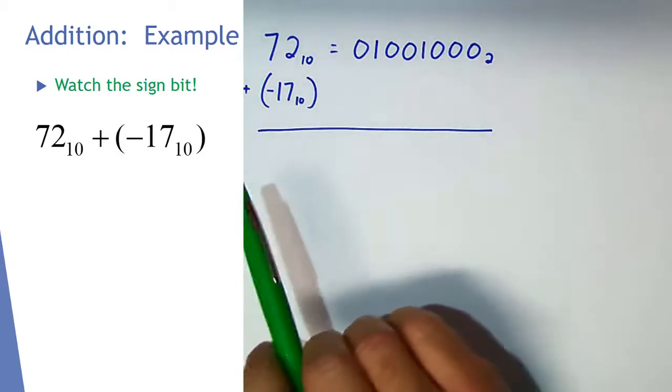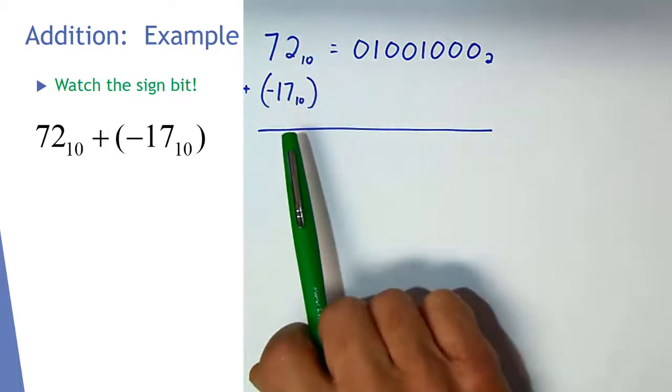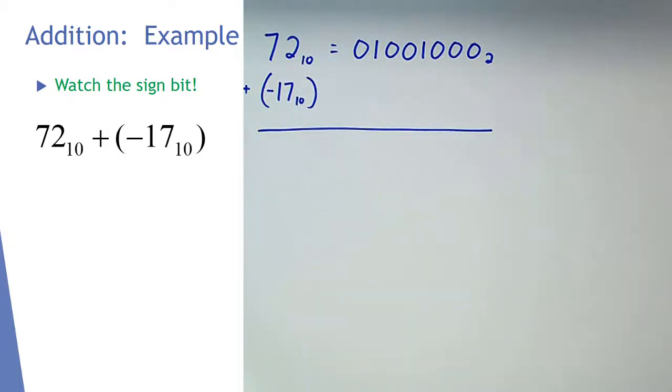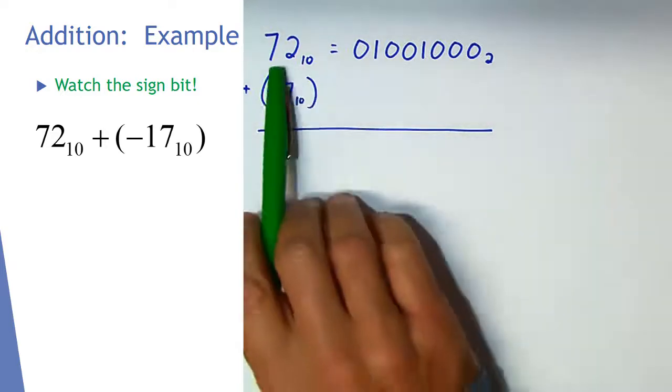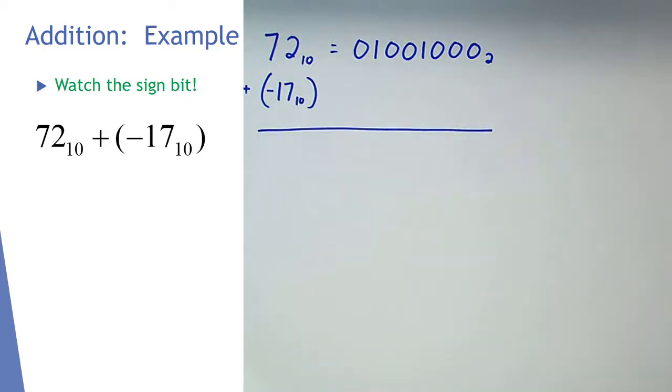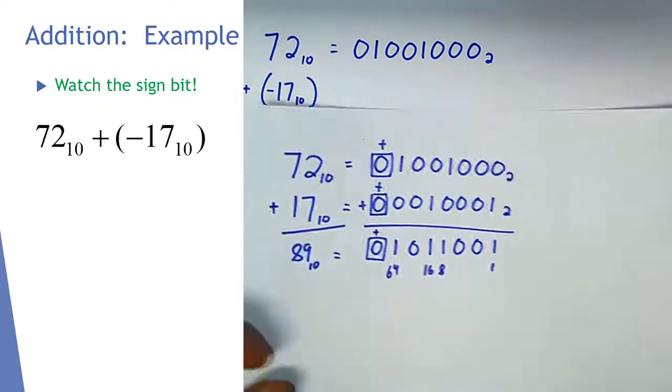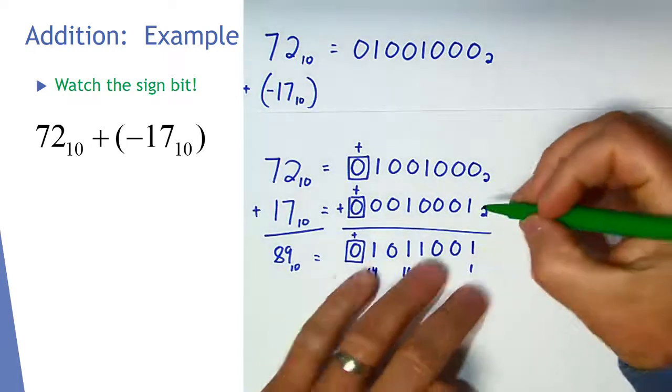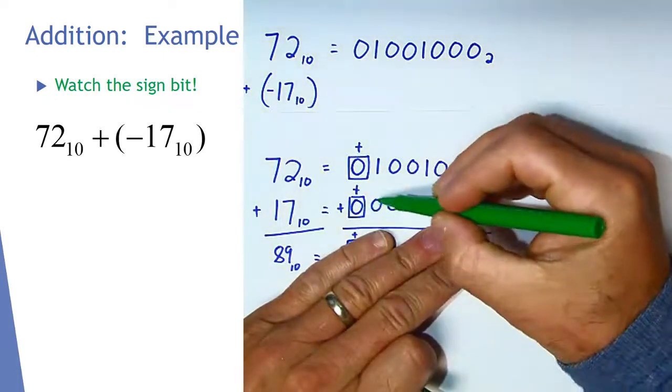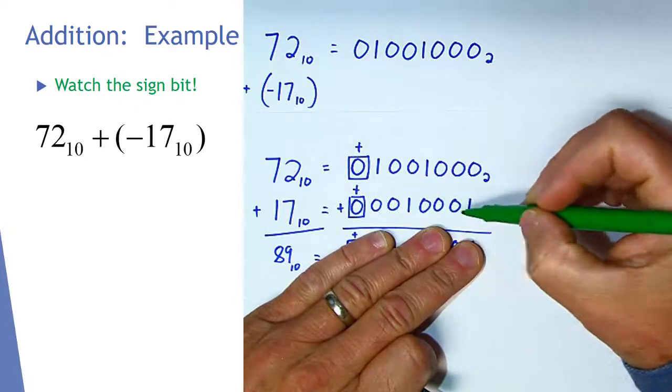Okay, our next one, let's add 72 base 10 to negative 17 base 10. That's the same as subtracting off 17. Well, 72 base 10, we already did that in the previous example, so that's just the same type of number. But negative 17 is going to be the 2's complement. Our previous problem showed that 17 was 00010001.